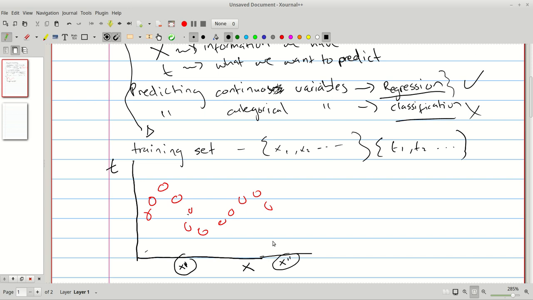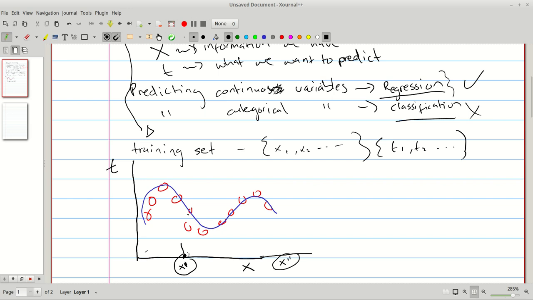So how would you solve this? What I would try to do is probably go, what if I just draw a line here? A nice line there, like that. You draw a nice line like this, and someone asks you, what's the price of this? For this x, what's the corresponding t?